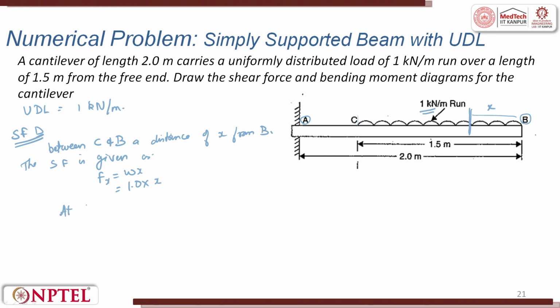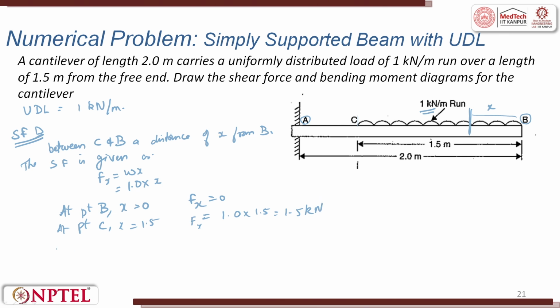At point B, x is equal to 0, so Fx will be equal to 0. At point C, x equal to 1.5, so Fx will be 1 into 1.5, which is 1.5 kilonewton.